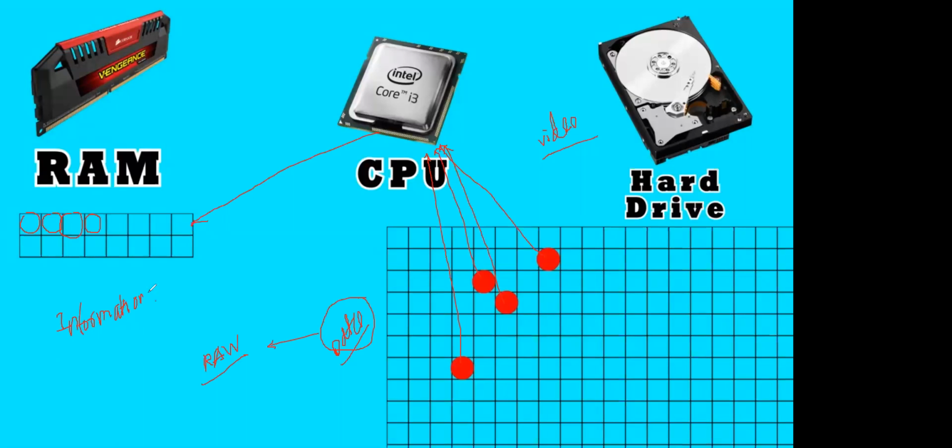Information means what? It's meaningful data. Meaningful data. Okay. Clear? Yes, sir. Anyone have a doubt?